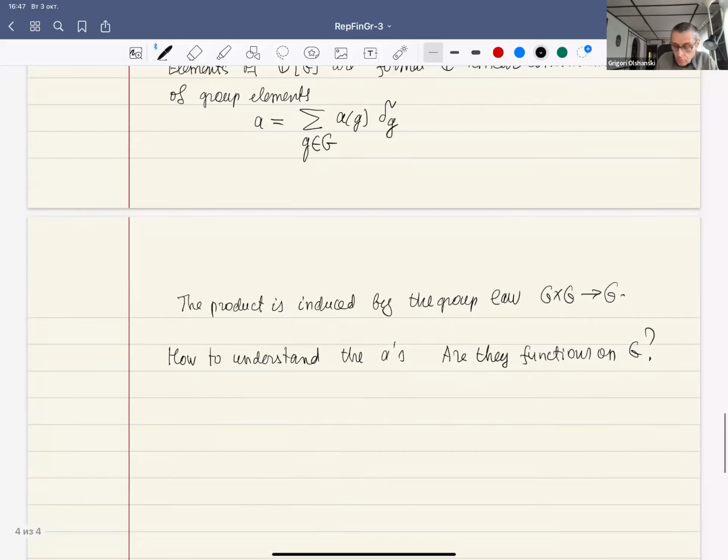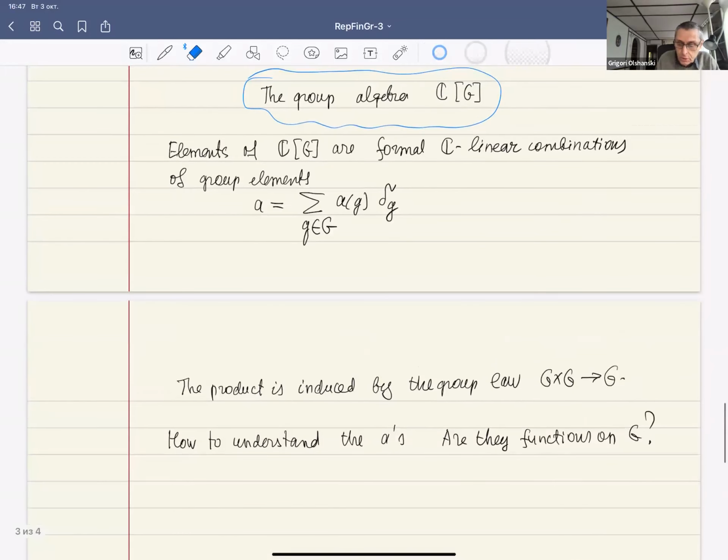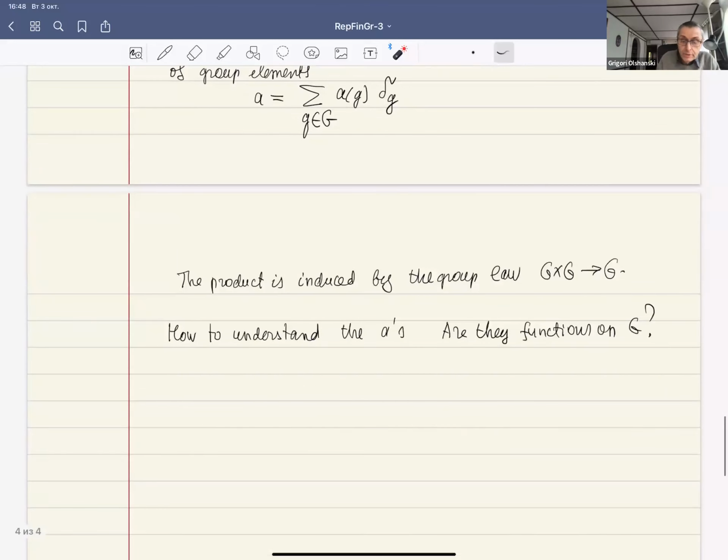So the answer probably is yes, because we can identify them with these collections of coefficients, and they are functions. So usually people say, yes, we take functions on the group and turn this space of functions into an algebra in a natural way. This is true, but not exactly. Why do I think it's not exactly?